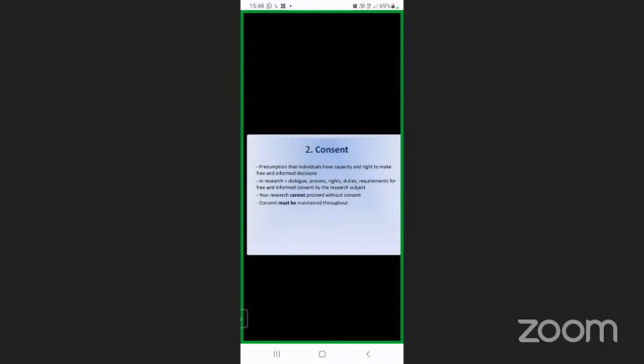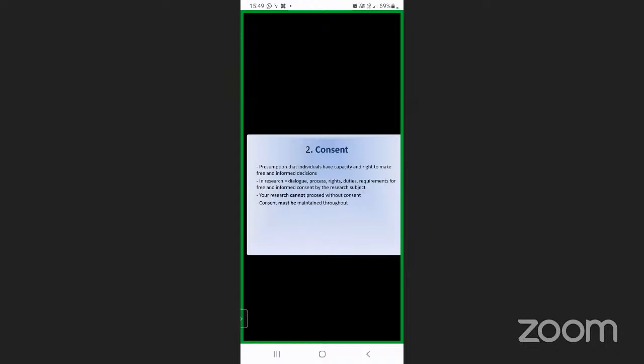So in ethics, research cannot proceed without consent. Without any consent you should not perform any type of research.